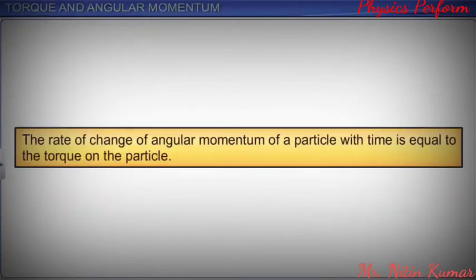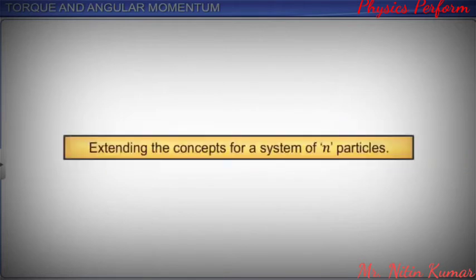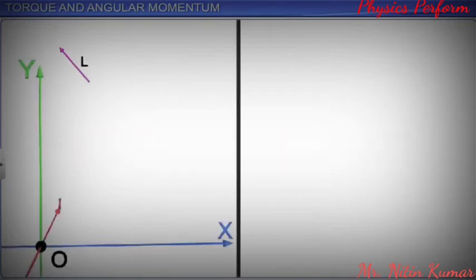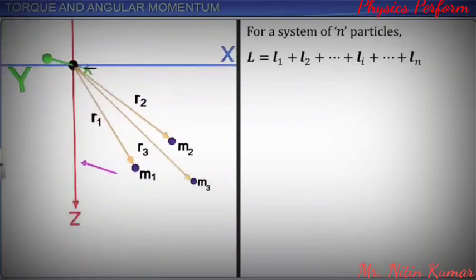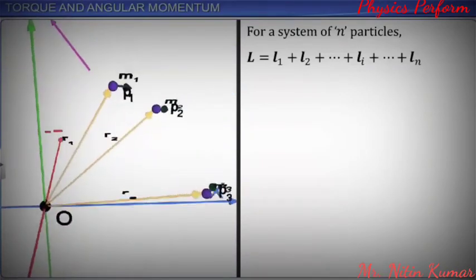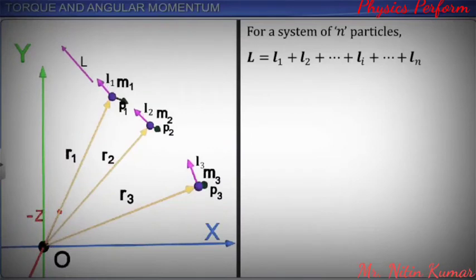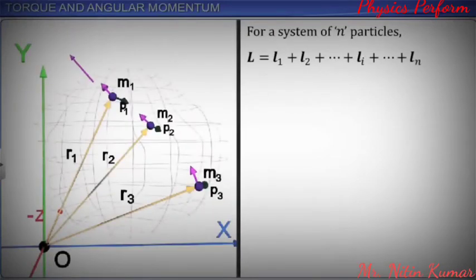Now, we can extend the concepts to a system of n particles. The angular momentum of the system of particles about the origin is equal to the vector sum of angular momenta of individual particles taken about the same origin. This implies that L is equal to sigma Li, which is equal to sigma Ri cross Pi.